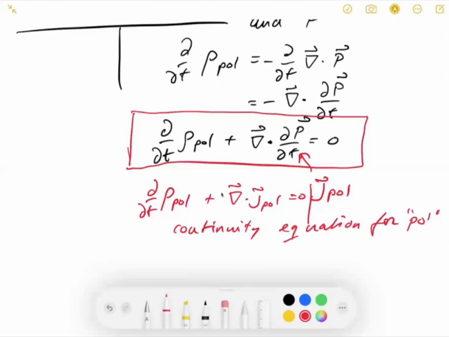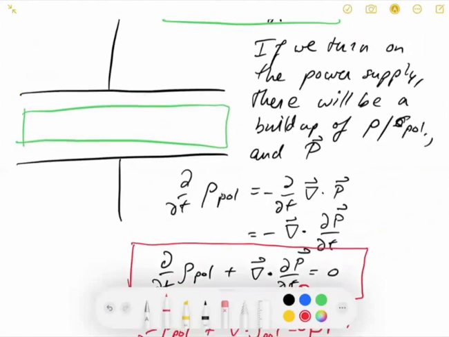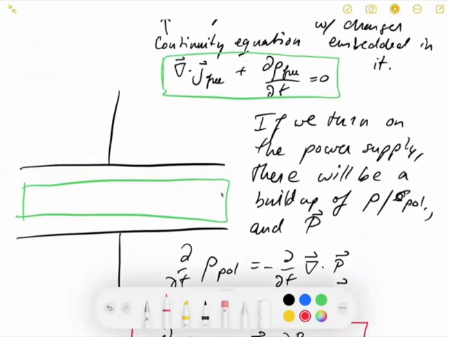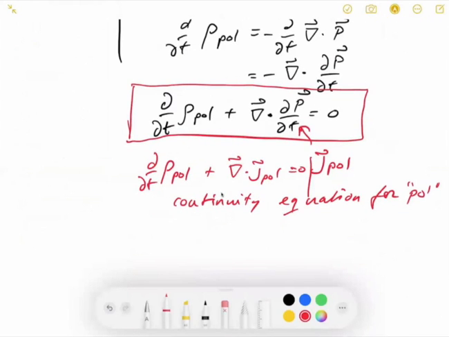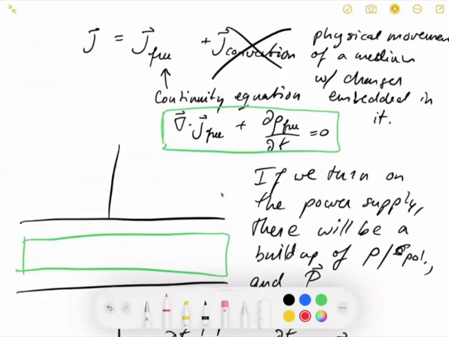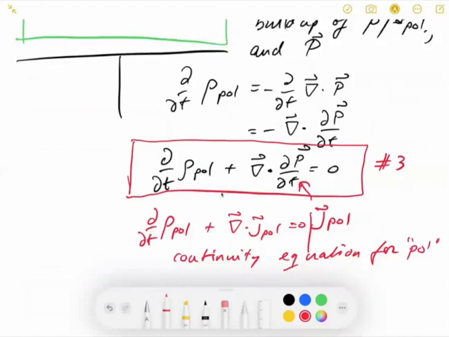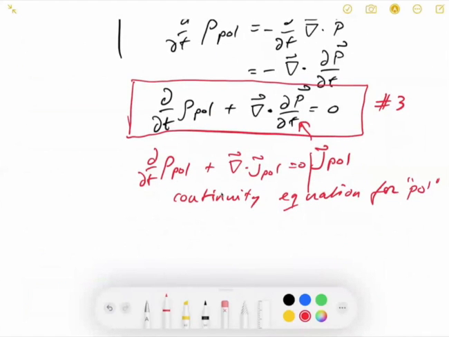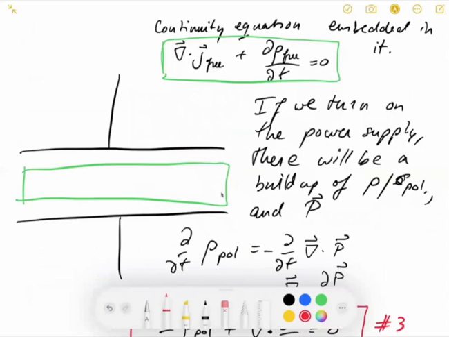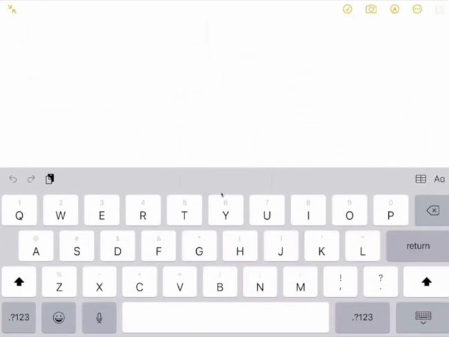Okay, so we can add that to our sources of current, right? So that's our third source of current. We have numbers 1 and 2 here, but we're throwing away the convection. Okay, now comes the really tricky one. So magnetization.